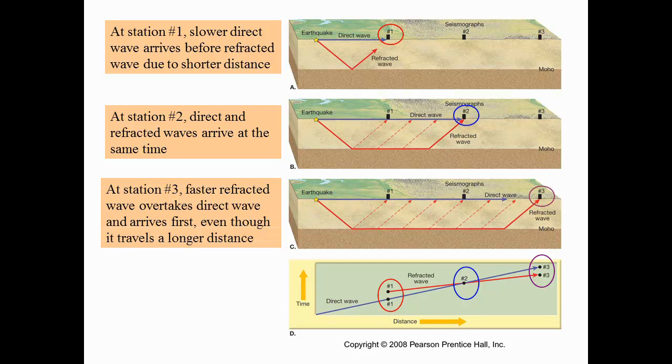Further away at seismic station 3, here the faster refracted wave overtakes the direct wave and arrives first, even though it travels a longer distance. And we see this in the bottom graph where the refracted wave arrives before the direct wave.